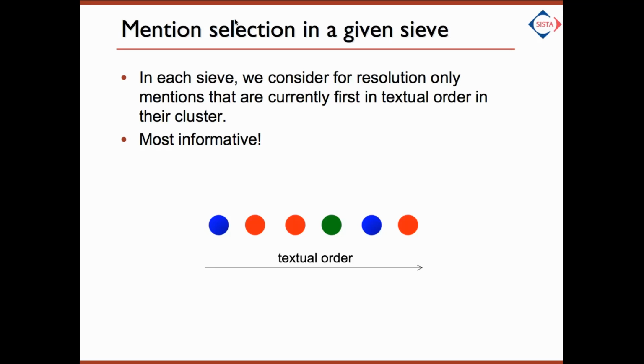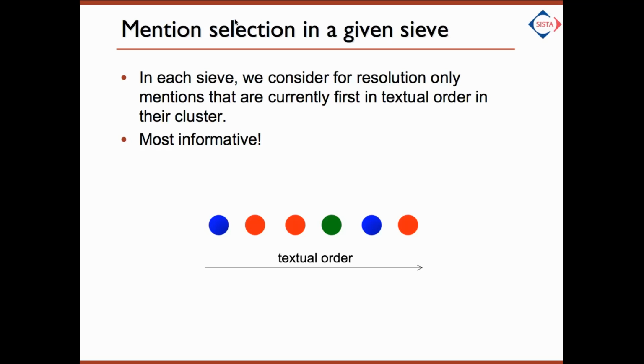What I mean by this, suppose this is the text, and we're somewhere in the system, right? So some sieves were applied. So we do have some partial cluster information, which is indicated here by colors. So these two mentions are in the same cluster. These three are in the same cluster, right? So we scan the text essentially left to right, and we only look for the first mention in each cluster.